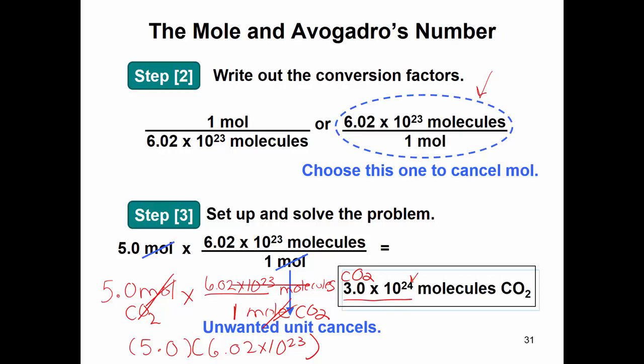If your exponent is off, then your calculator is your issue, and it's a matter of learning how to work your calculator. Okay, and so our answer should be a really large number, right? Because we have 5 moles, and in every mole we have 6.02 times 10 to the 23rd molecules. So 5 times that gives us 3.0 times 10 to the 24th molecules of CO2.